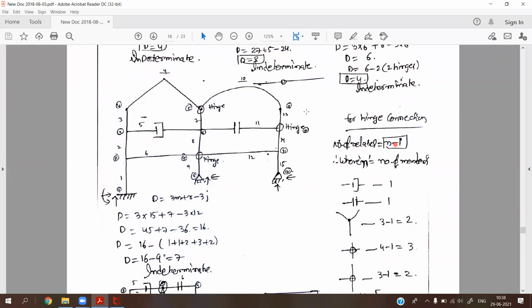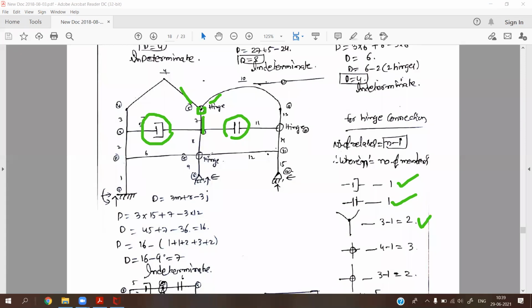Consider first this hinge. This hinge is connecting only two members, therefore 2 minus 1, so 1. Another hinge here also connects only two members, so 2 minus 1, 1. Here also one hinge, but this hinge connects three members, so 3 minus 1, therefore 2.